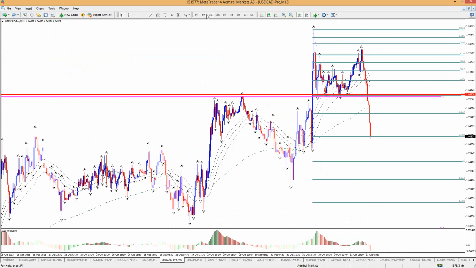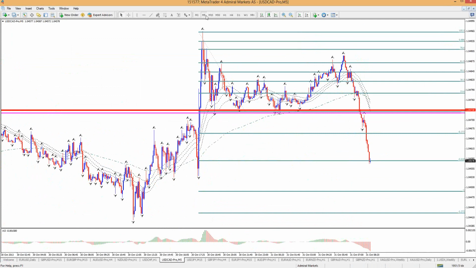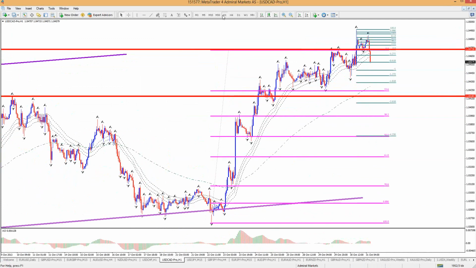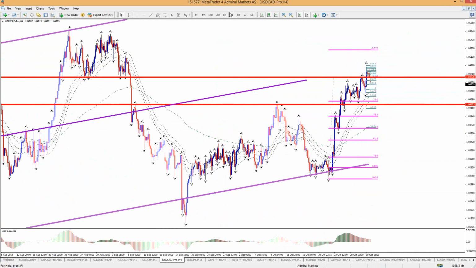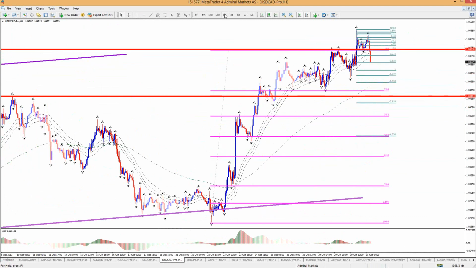Let's see if we get a bounce right here. Is this one of those dips, like here, for example, or here? Could be. Question mark. We'll have to see. There is some divergence on the 1 hour chart.